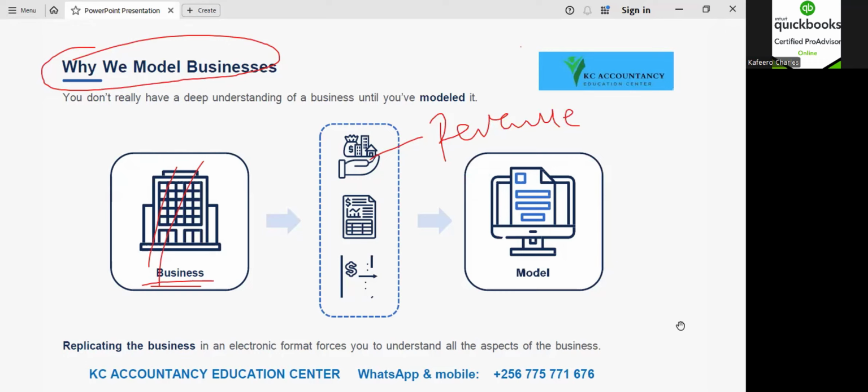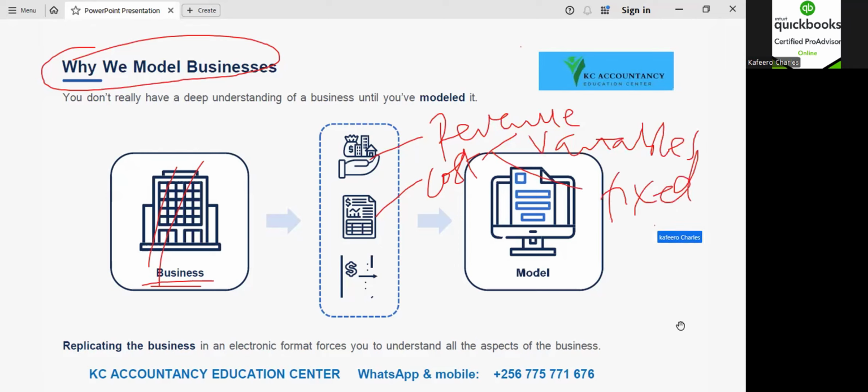The second thing, we would also try to understand the cost structure in terms of the variable costs and then the fixed costs.